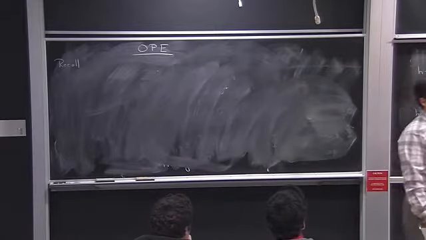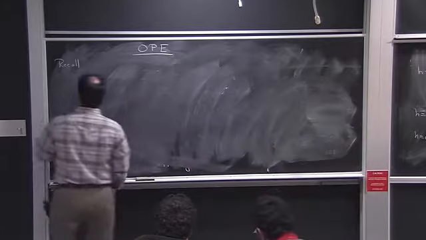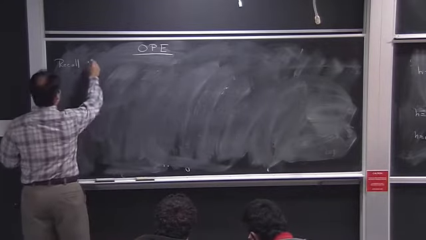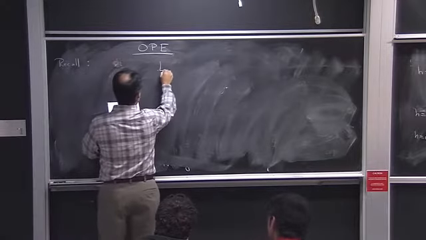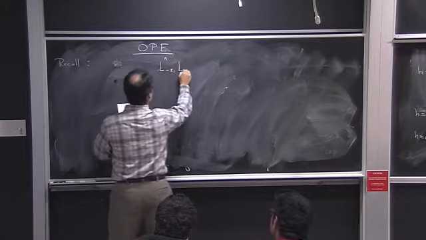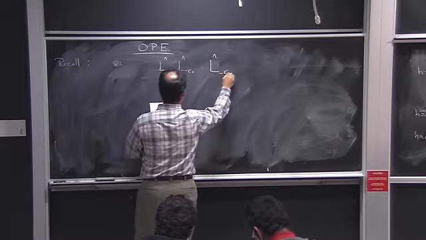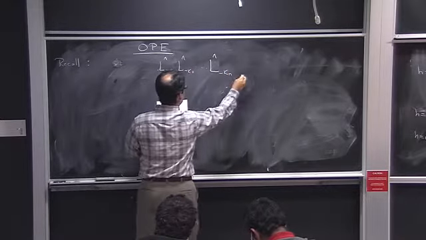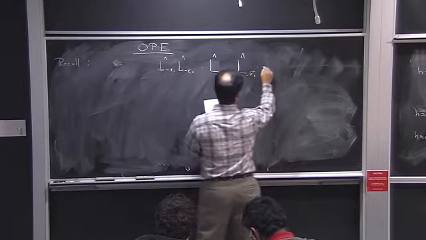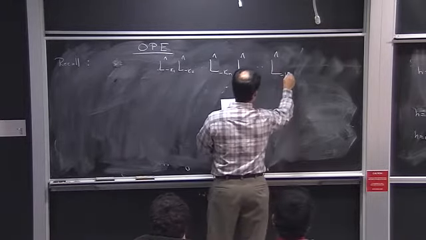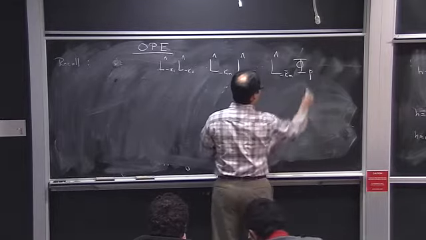It was meant to make our lives simple. And the notation was, if you have something like this, and now you see why the notation was invented. So this is a primary.